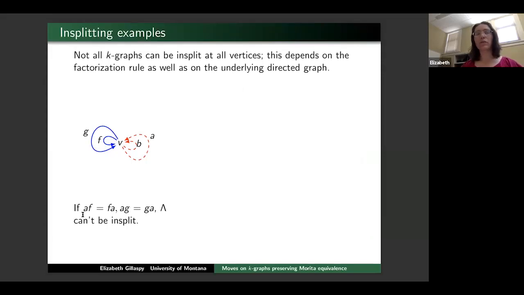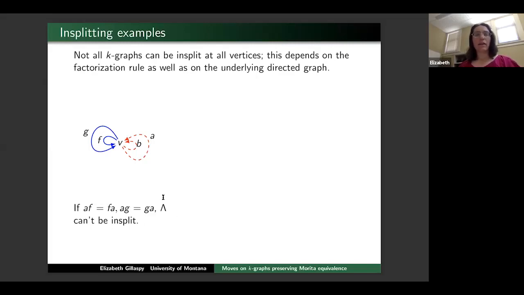If I decide that the blue-red path FA is equivalent to the red-blue path AF, so those edges just commute, and A also commutes with G, then that pairing condition is going to tell us that since A and F are both at the front corners of their square, A and F have to be in the same equivalence set, say E1. But then A and G are also in the same set. And so we're going to have A, F, and G in E1.